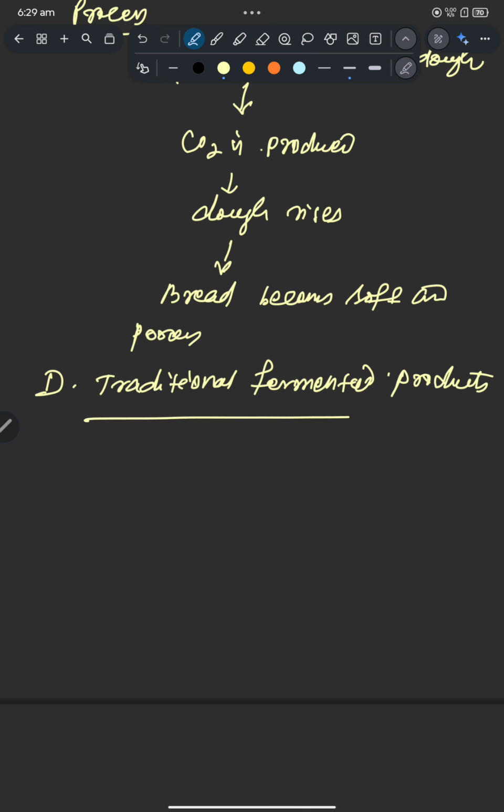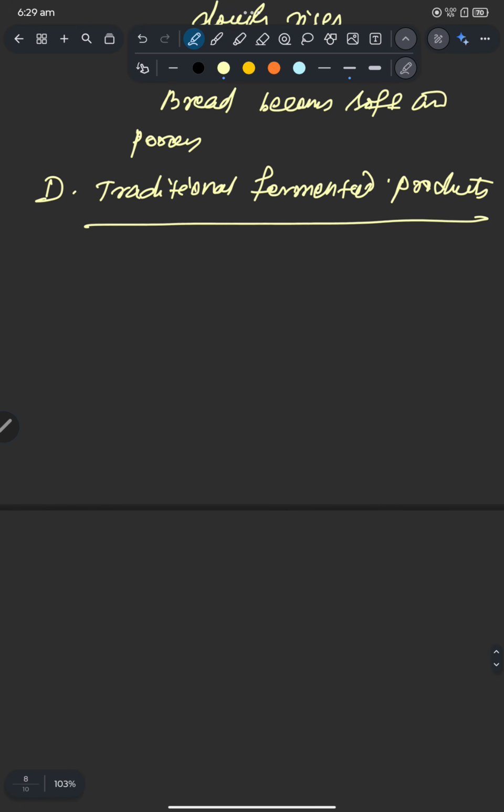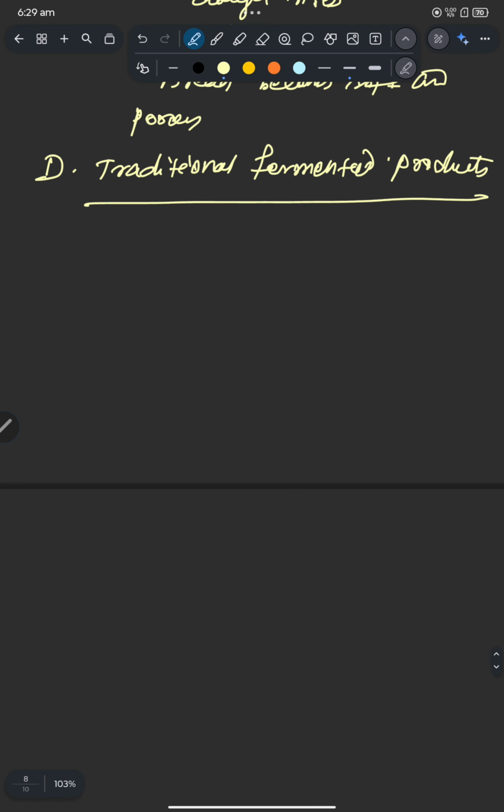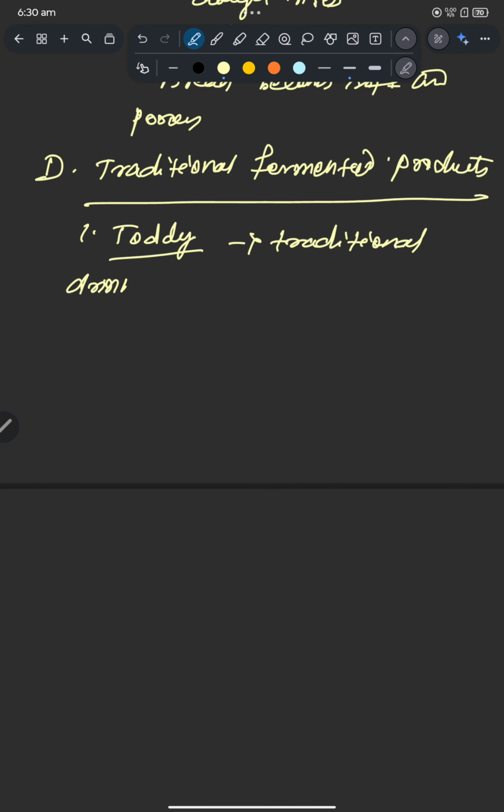They are used in the preparation of traditional foods and drinks. For example, toddy is a traditional drink of southern India.